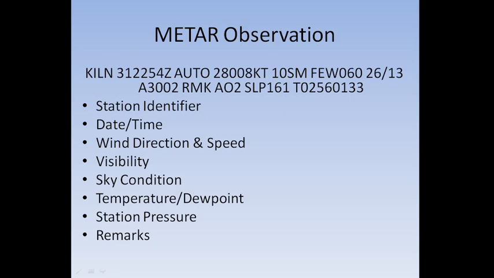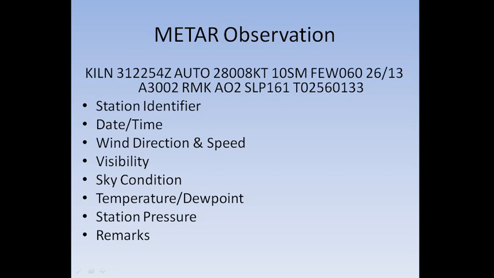And then temperature for this time, you have the T for temperature. 0 means positive. If that was a 1, it would be negative. But it's a positive temperature of 25.6 degrees. And then another 0 that indicates a positive dew point, and that is 13.3 degrees Celsius. All temperatures are always reported in Celsius, unless you're looking at a surface map, then you'll see them in Fahrenheit.